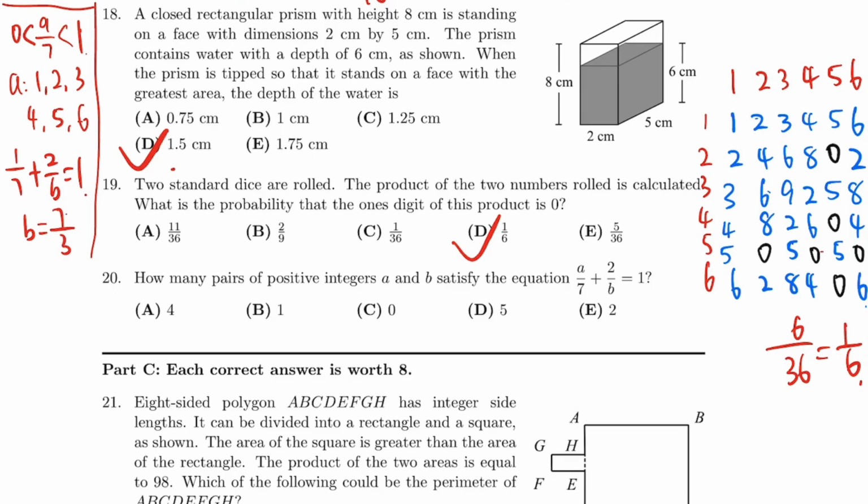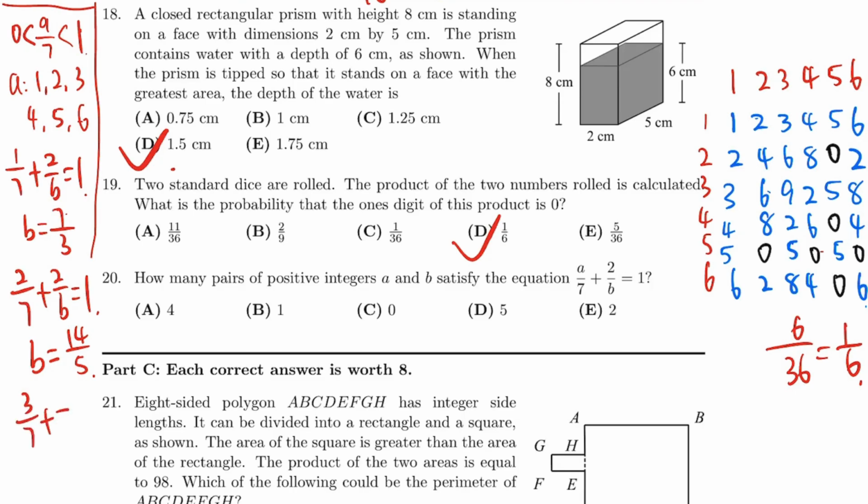So no. Next, let's see if a equals 2 is workable. So 2 over 7 plus 2 over b equals 1. So for this case, b is 14 over 5. Also no.